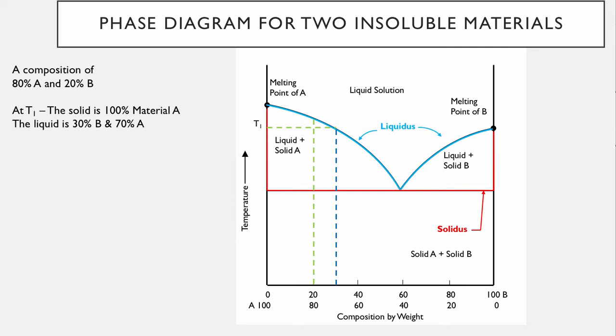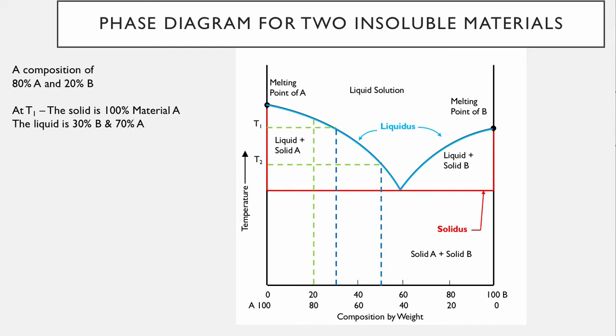Now, because A is the only one solidifying, there's going to be less A in the liquid, so its percent of the liquid goes down, and B, which is not changing mass in the liquid, has to go up a little bit in percent. So let's continue dropping our temperature down to T2, and extend our temperature line to hit the liquidus and the solidus.